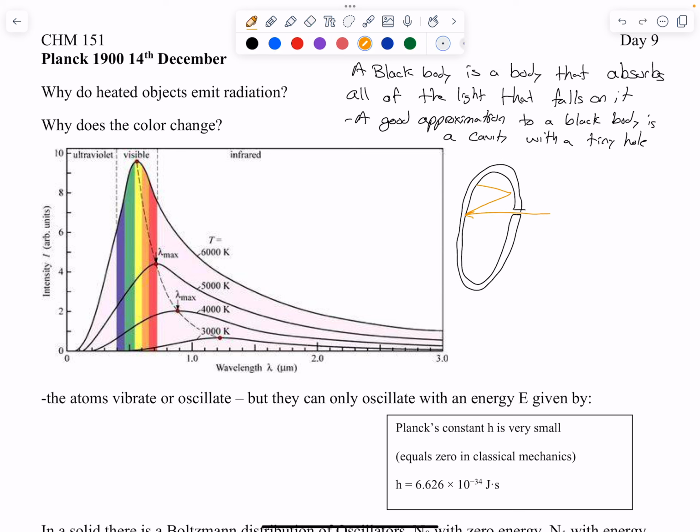It started reflecting around, right, and eventually dissipates, right? So now, when the cavity is heated, the walls emit light.